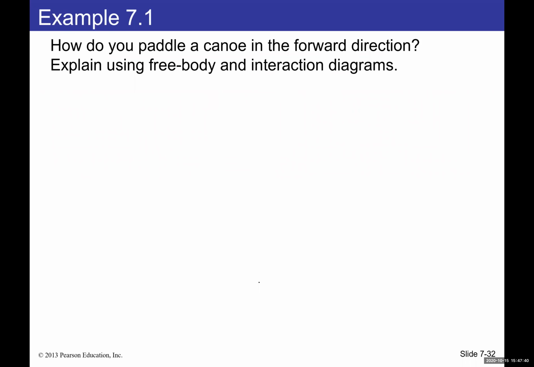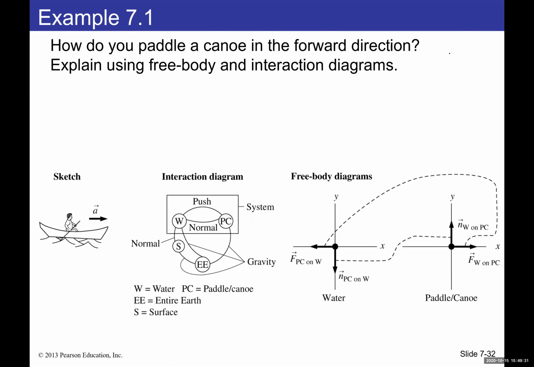All right, so let's look at an example here. How do you paddle a canoe in the forward direction? We're going to explain this using a free body diagram and an interaction diagram. Here are three different views of this problem. Here's a sketch on the left side.